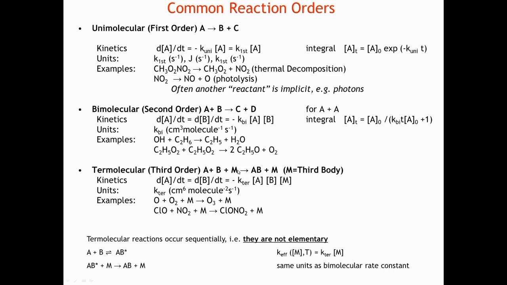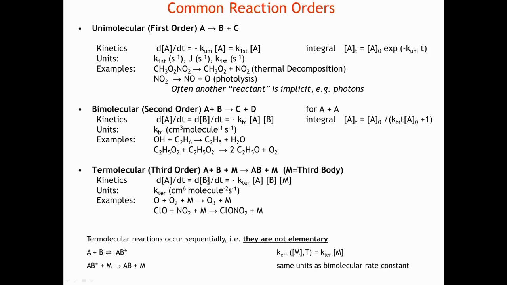So third body reactions, are they normally faster at the ground or higher up? At the ground, because M is higher. Because the concentration at high pressure is higher, so these are pressure dependent reactions. And so near the ground, your termolecular reaction rates are normally quicker than they are higher up.